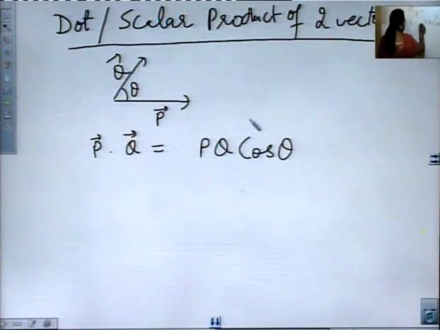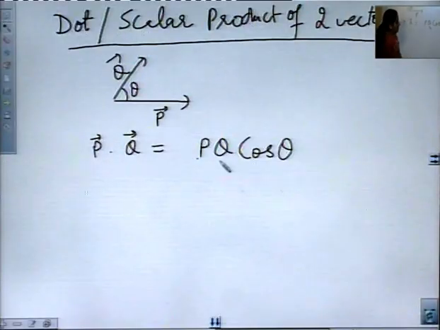Now p is a scalar quantity, q is also a scalar quantity, cos theta is also a scalar quantity. So we get the total result as a scalar quantity. So when we multiply two vector quantities and take their scalar product, then the resultant is a scalar.